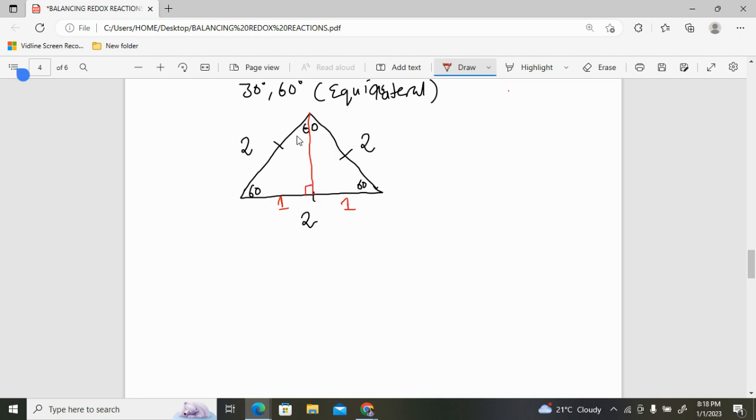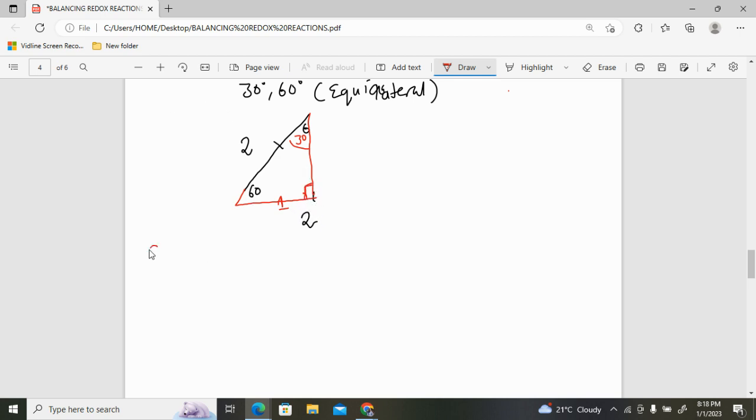And since this was 60, I've cut it on the middle, this is going to be 30. So now I'm going to remove this part. This is the triangle that we remain with now, which is a 90-degree triangle.